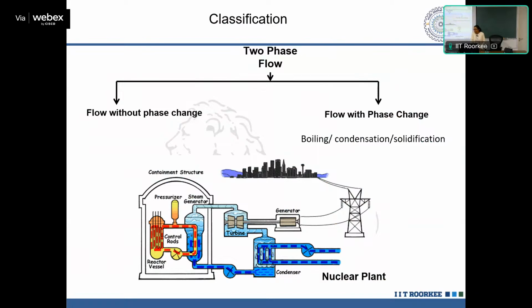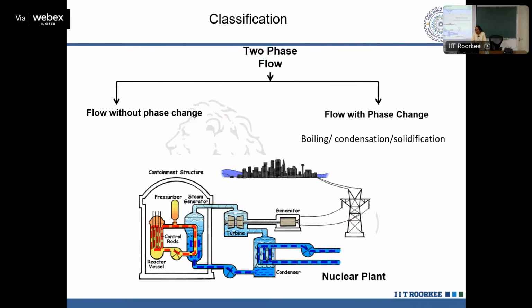Flow without phase change has examples like mostly liquid flows where we are not changing the phase, or any gas liquid operation, air or water operation, where the phases of the flow are not changing. While, for example, if we operate a nuclear power plant or any power plant for that matter, you are producing steam from water.